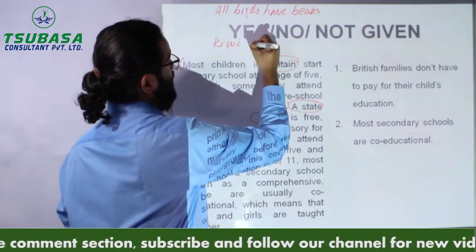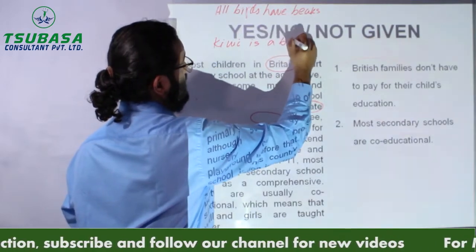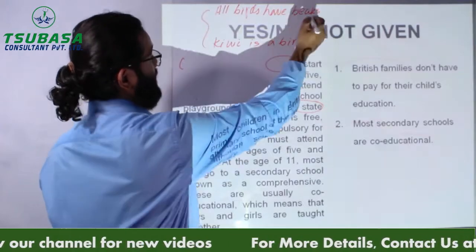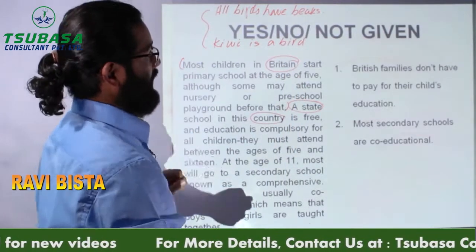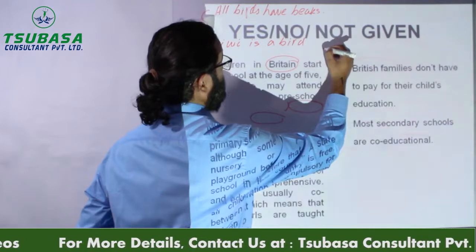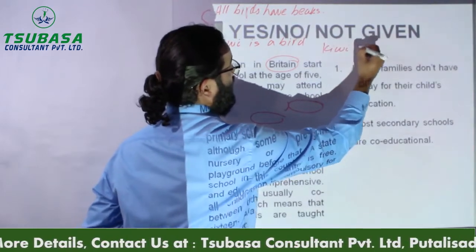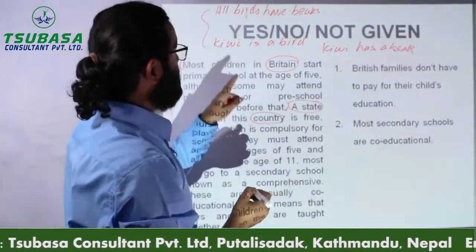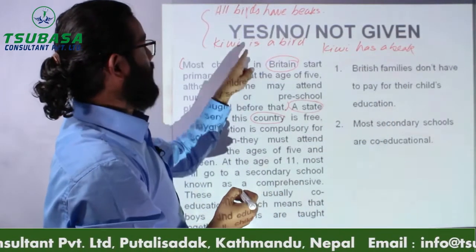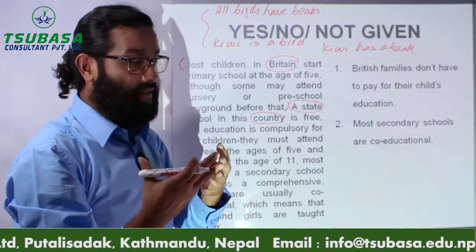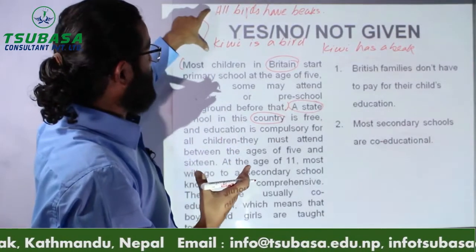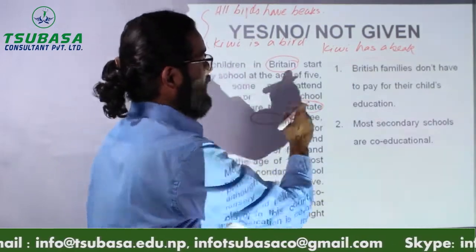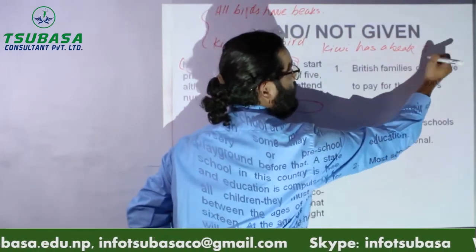Kiwi is a bird. Let's say this is one sentence, and now if you get a question like this, Kiwi has a beak. It says all birds have beaks, Kiwi is a bird. So these two sentences mean Kiwi has a beak. If you look at this and deduce, this sentence will be true.